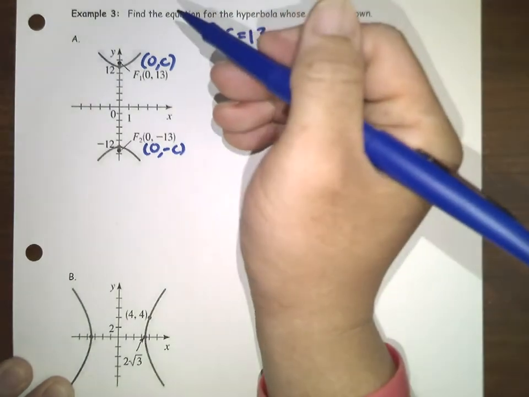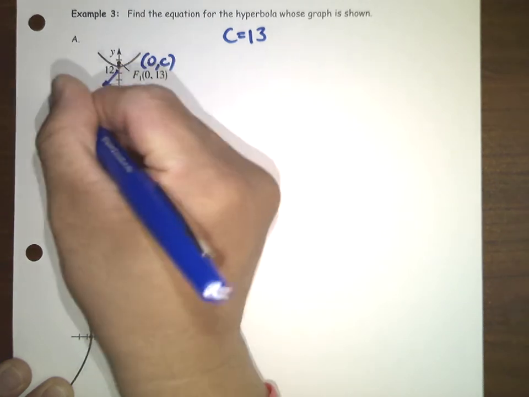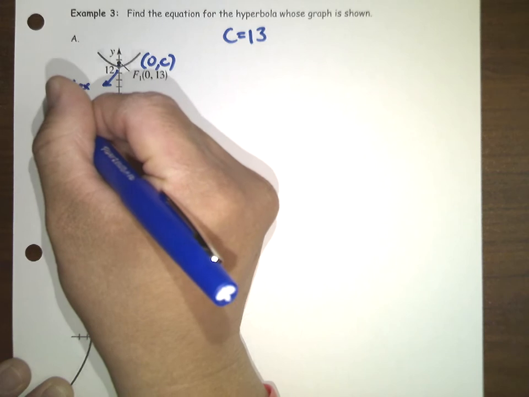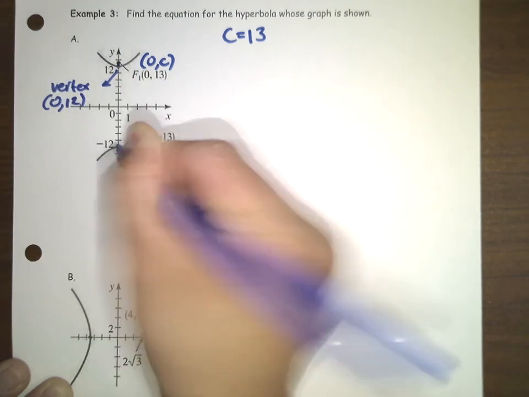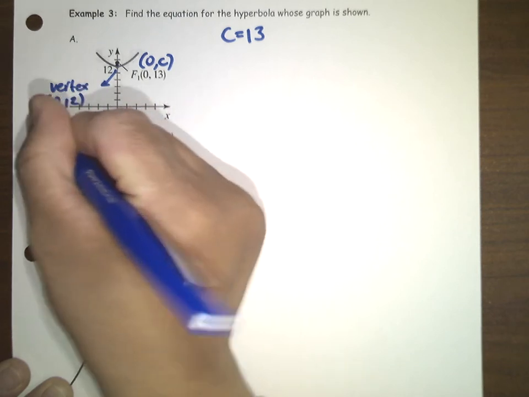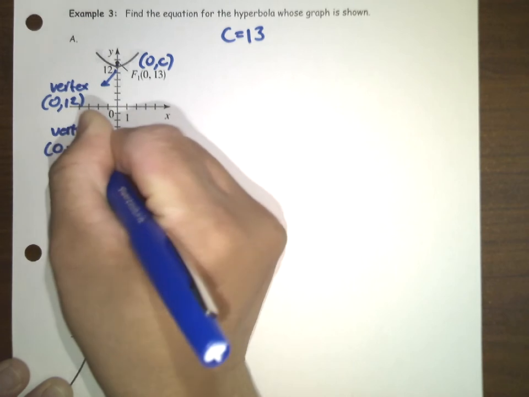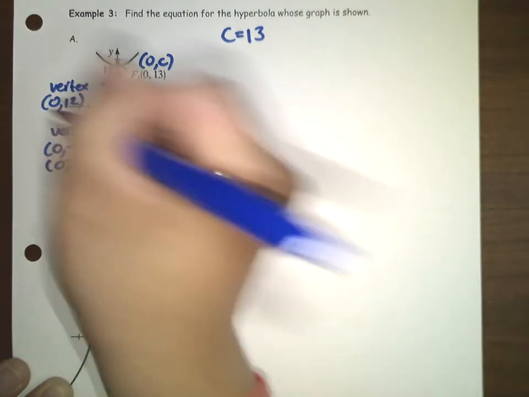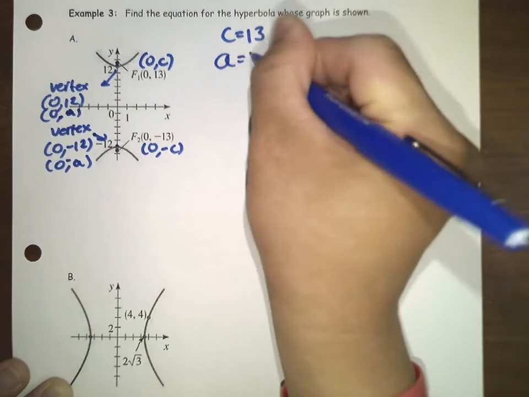But then you see that here is the vertex, at 0, 12, and here's a vertex also at the point 0 and negative 12, so that will be 0, a and 0, negative a. So that means a is equal to 12.